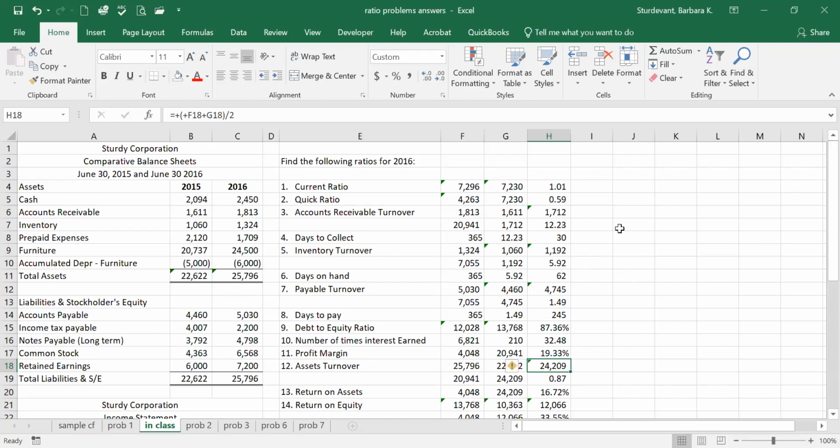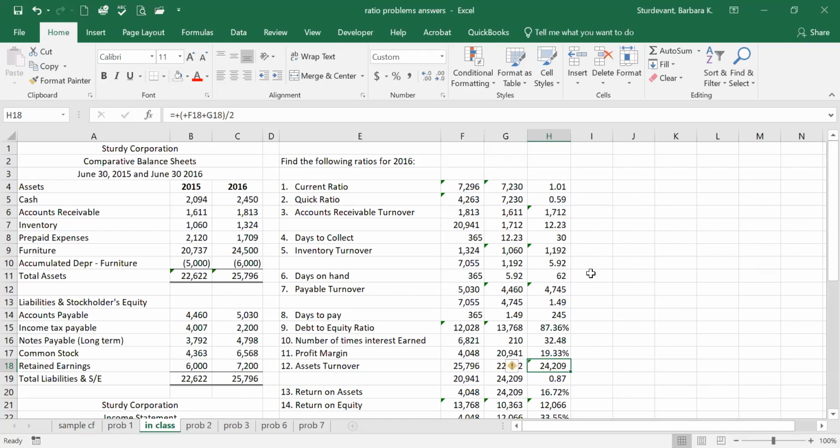And so my point was, you need to look at the whole gamut of ratios because they look at different things. And you want all of them to be healthy. Depending on the industry, this days on hand with your inventory could be a serious issue.